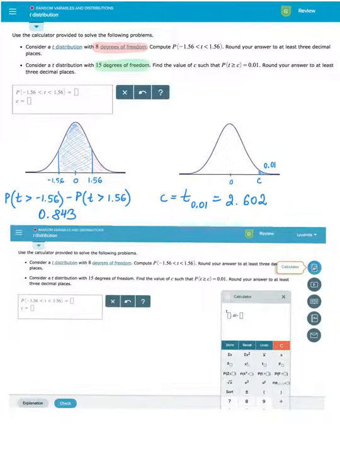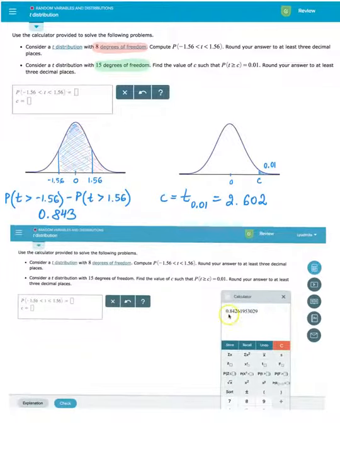So I'm opening the calculator and let's clear what I had there. I need to first enter the probability that t is greater than negative 1.56. So probability t is greater than, enter negative 1.56, make sure to include degrees of freedom, 8, and get outside of the parentheses and subtract another probability that t is greater than positive 1.56 with degrees of freedom, 8, and press enter.